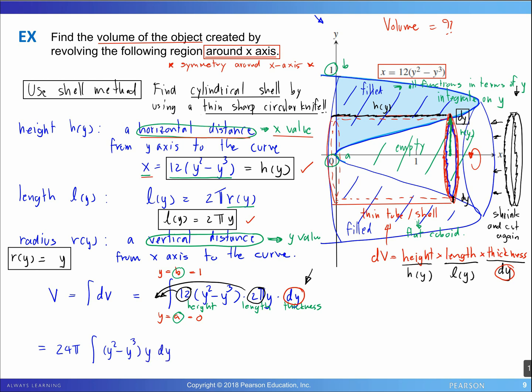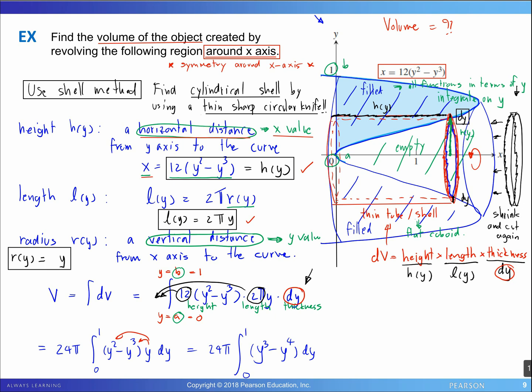Integrate this from the starting point 0 to the end point 1. This is also equal to, now this y goes in right here and right here. So we have the same 24 pi integral of y cubed minus y to the fourth. Integrate them with respect to y from the starting point 0 to the end point 1.